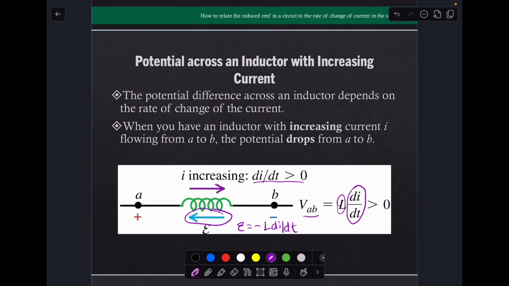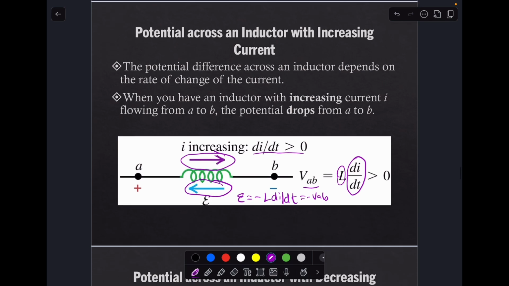The voltage produced by the inductor is E, which is going to be minus VAB. Right? Because remember, this is just Faraday's law. Faraday's law states that any voltage or current that is produced by a change in flux opposes the change. So this EMF is opposing that change, right? So it's going to point in the other direction.